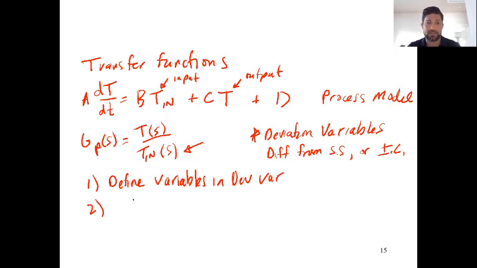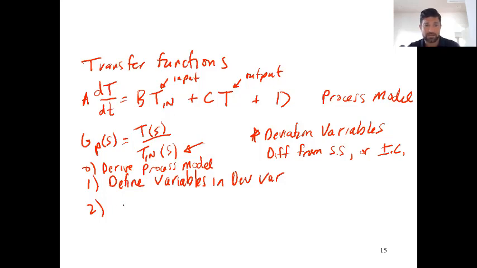The steps that we did: step 0, maybe I'll say, is we derived the process model. So we need to know what the process model is, that is, the model that relates the input parameter to the output. Then we defined all the variables in terms of deviation variables, which is the difference from their steady state value.